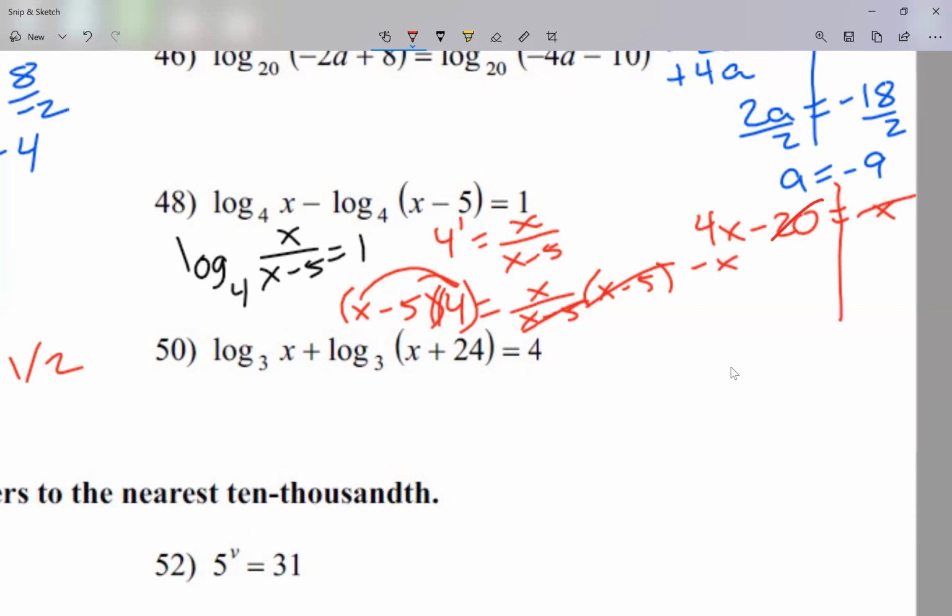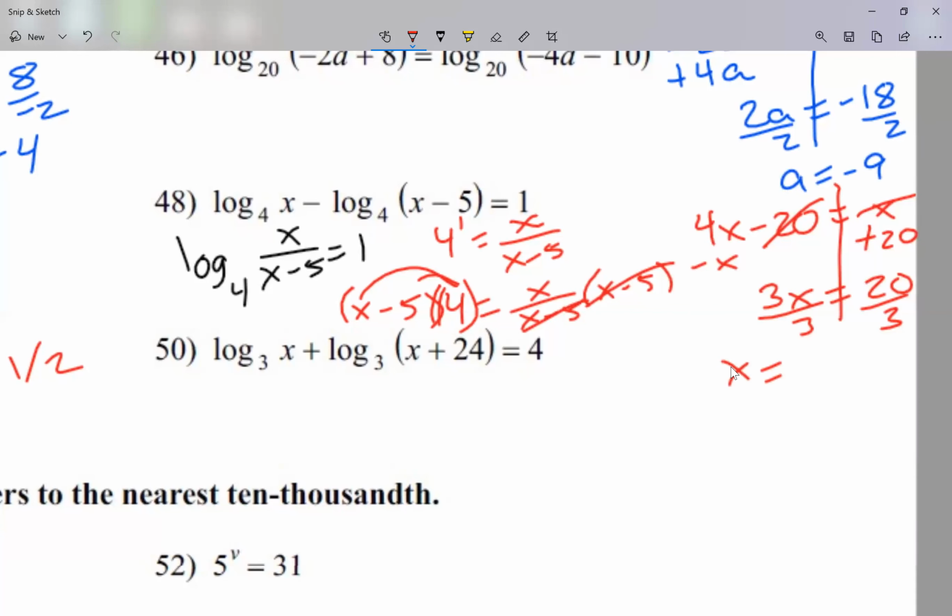And this minus 20, let me move it as plus. So that gives me 3x is equal to 20. Divide both sides by 3. So I'm going to get x is equal to 20 over 3. It's okay to have fractions. Simplify 20 over 3. That's the best we can do.